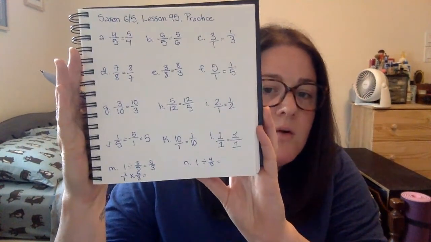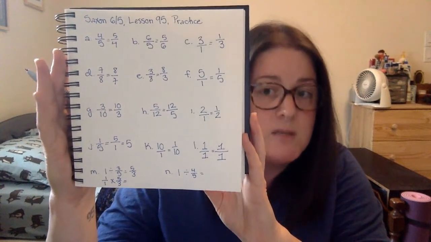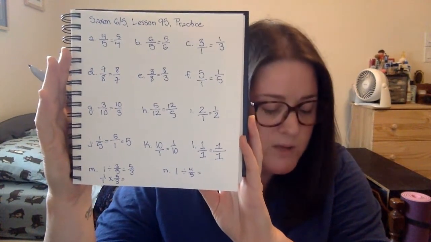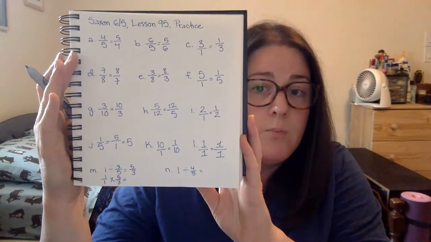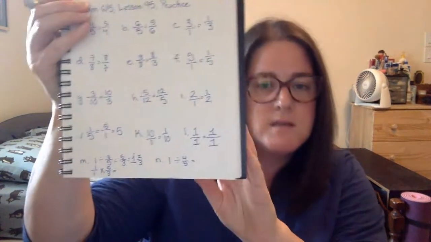We can leave this as 5/3 to demonstrate the reciprocal, or we can put this into a mixed number with a proper fraction, which would be 1 2/3. Okay.